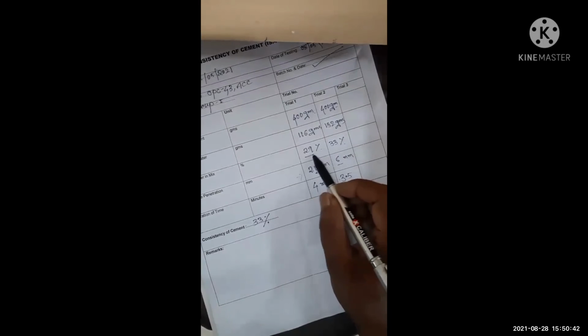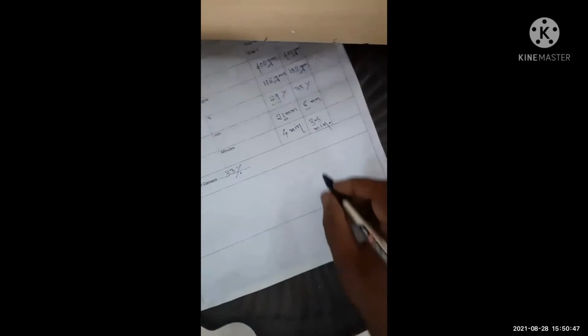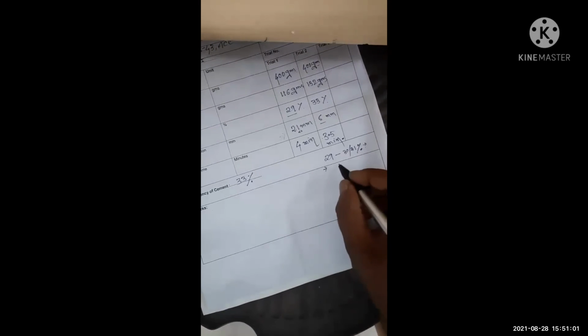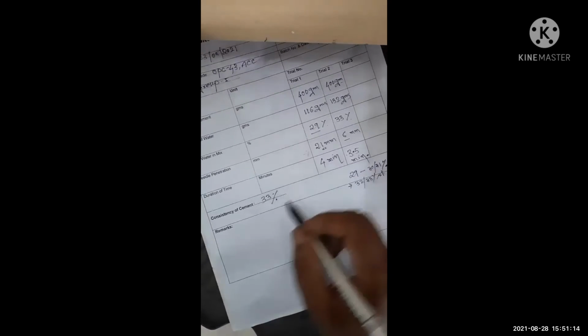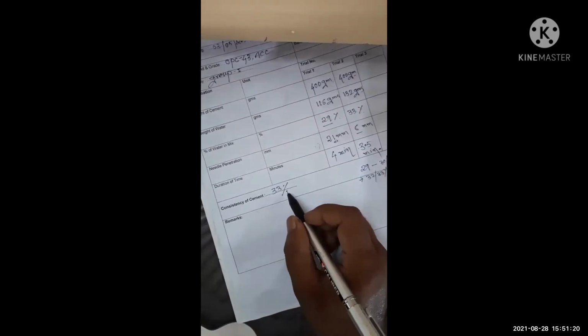Like, do trial 2 by increasing the water by 2%, from 29 to 30 or 31% in trial 2. Then do trial 3, 32 or 33% of water. So in our experiment, our final result is 33%.